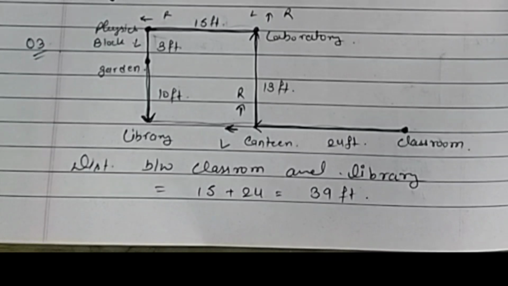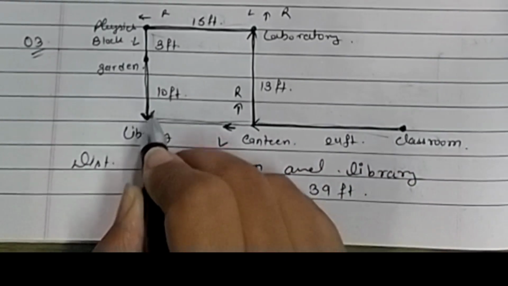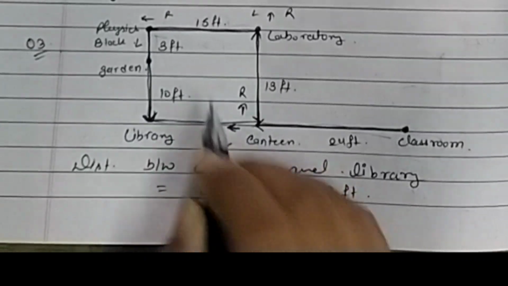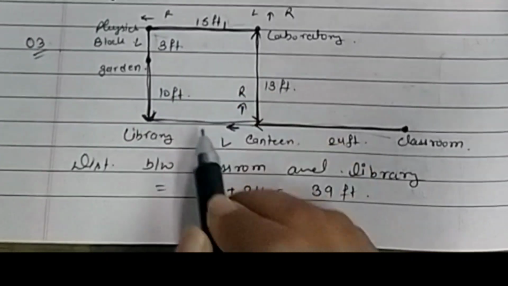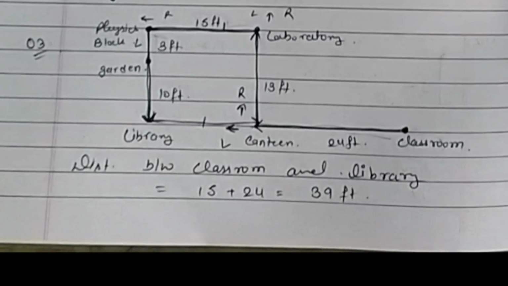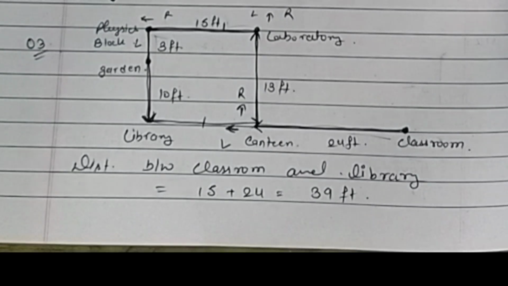So the actual distance between the library and the classroom will be 24 feet and the rest 15 feet, because this distance will be equal to this one. So 24 feet plus 15 feet will combinedly form 39 feet, and we can say that the distance between the library and the classroom is 39 feet.